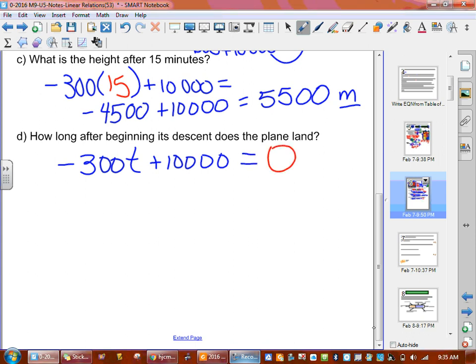So again, this is a basic equation. We take the number without the variable to the right-hand side. So we make a 0 pair by subtracting 10,000. So we're going to subtract 10,000 from both sides. And now we're going to get negative 300t equals negative 10,000.